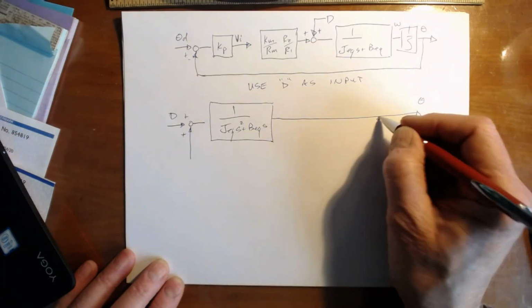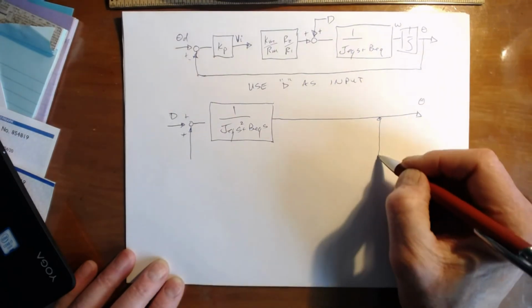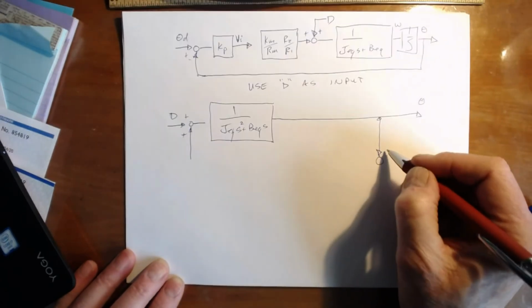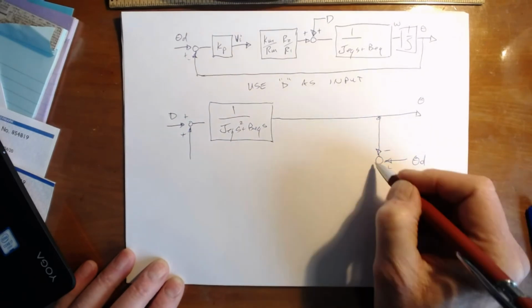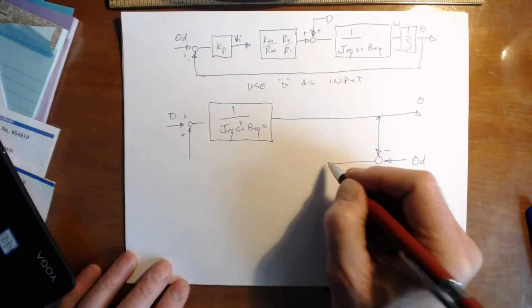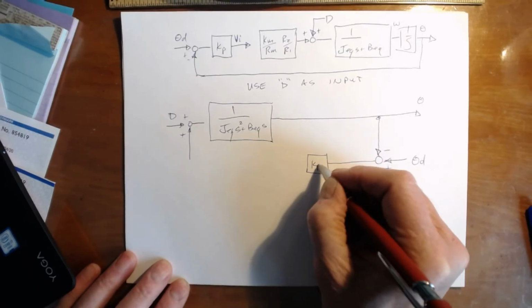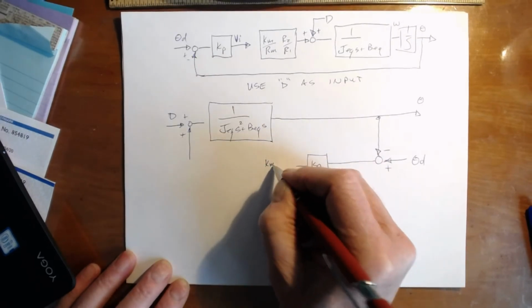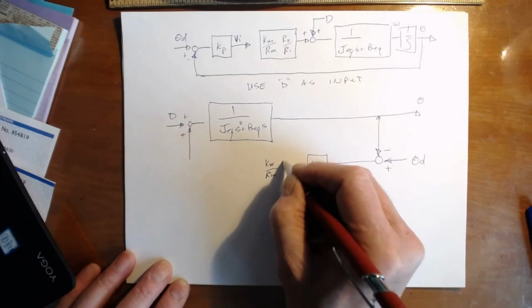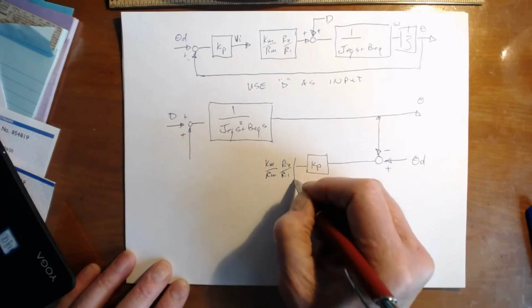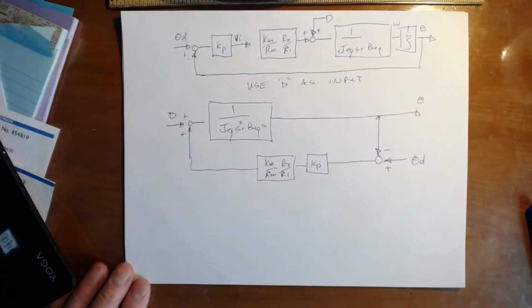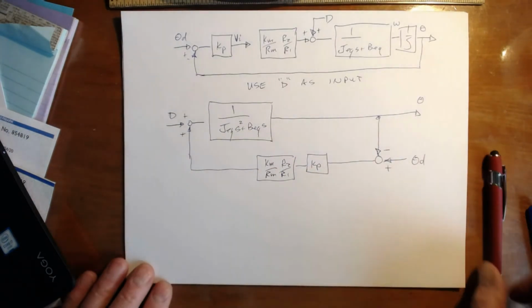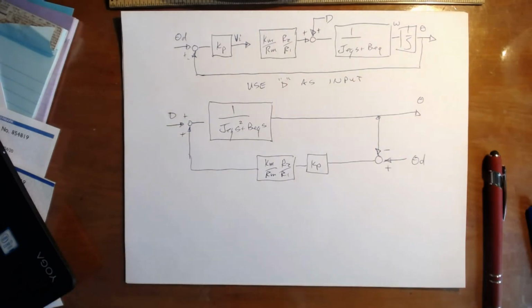But now I have to follow this back. So theta, I'm going to follow it back in a specific way. So this is minus, and this is plus, and here's theta desired. I have to put my Kp in. I have to put my Km over Rm, R2 over R1. And now it's clear that my feed forward and my feedback are a little bit different in this case.